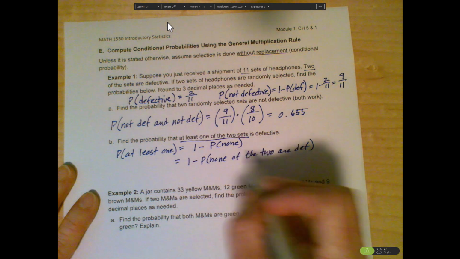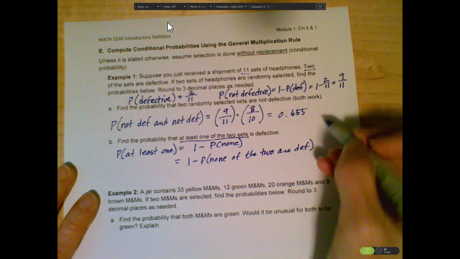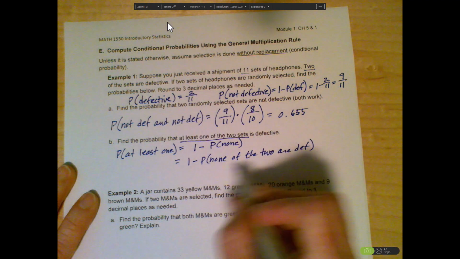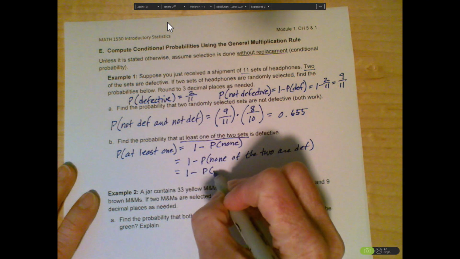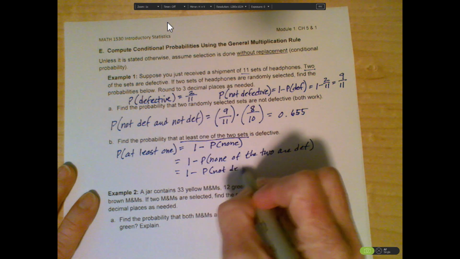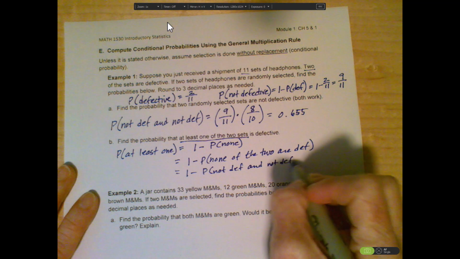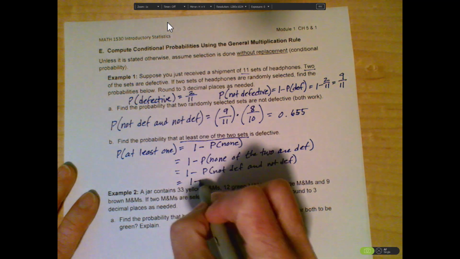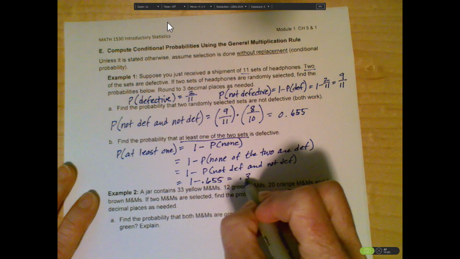In other words, the first one's not defective and the second one's not defective. Well, that's what we just did here, right? 1 minus the probability not defective, and then the second one, not defective. So we already have that. So that equals 1 minus 0.655, or 0.345.